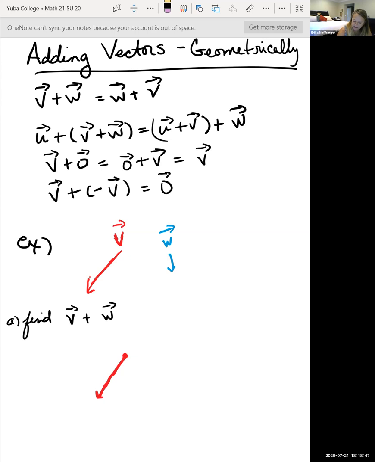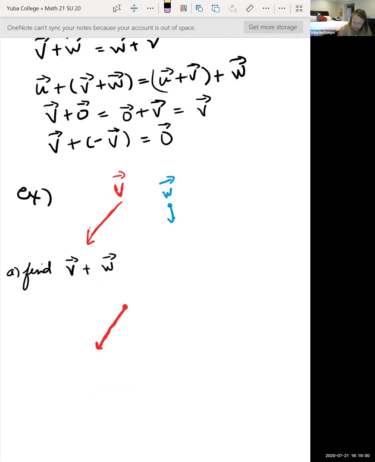Now I'm going to take my vector w. I'm going to move it so that the initial point of w is hitting the tail or the terminal point of v, and then I'm going to draw the same direction.